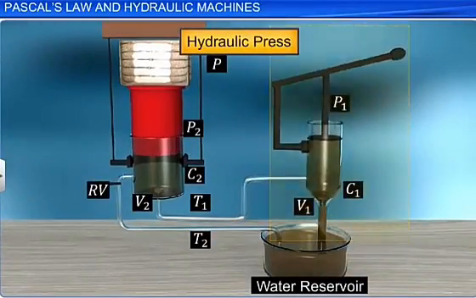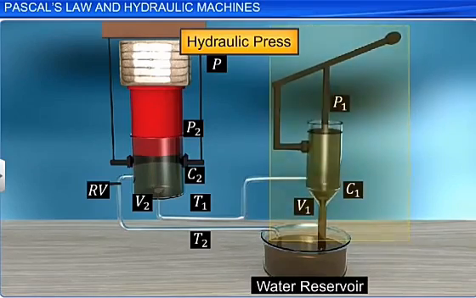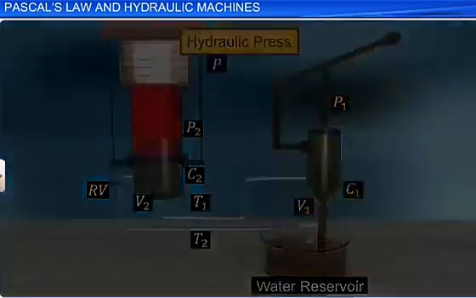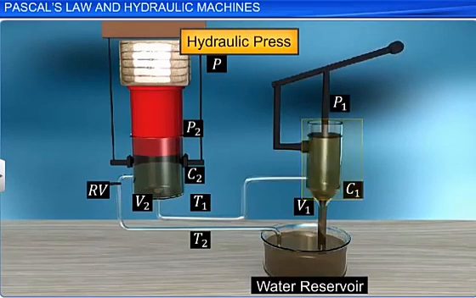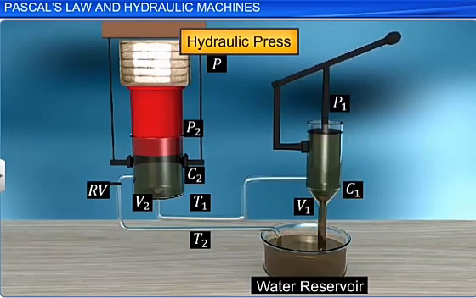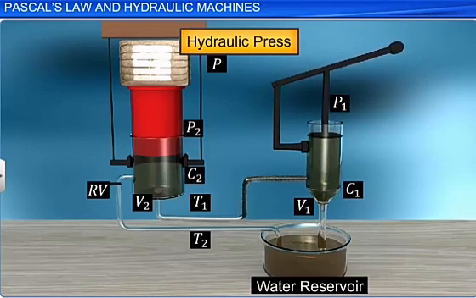Upon the action of the handle, the valve V1 opens. The water from the reservoir is sucked into the cylinder C1. During this process, valve V2 remains closed. When piston P1 is pressed down, valve V2 is opened.